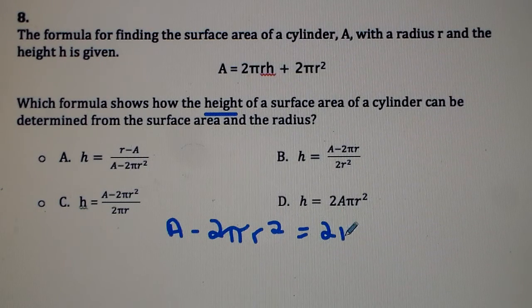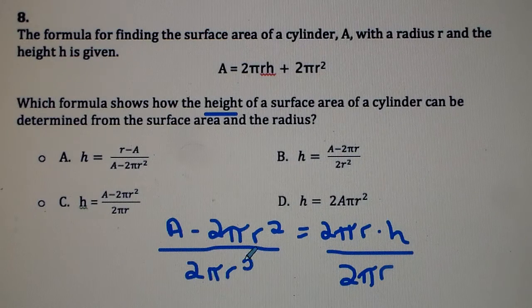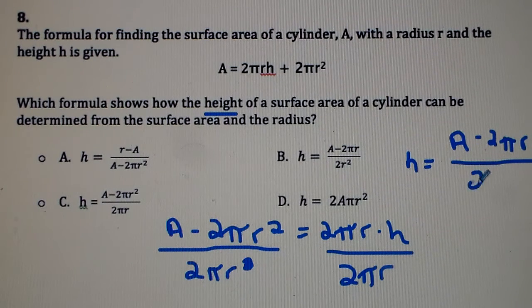And that's equal to 2 pi r times height. Then we got to divide by 2 pi r to both sides. So h is equal to A minus 2 pi r squared divided by 2 pi r. A little bit wild.